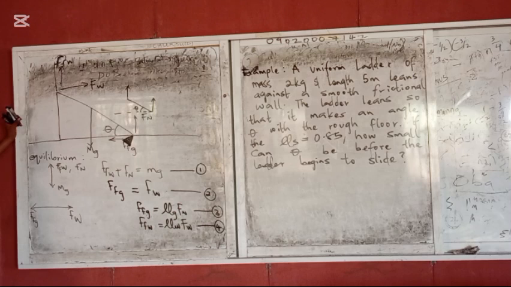Is this the sine we're supposed to use? On the y-axis, we're using sine. No, for an inclined plane, we use cos for the y-axis. Is it not true?